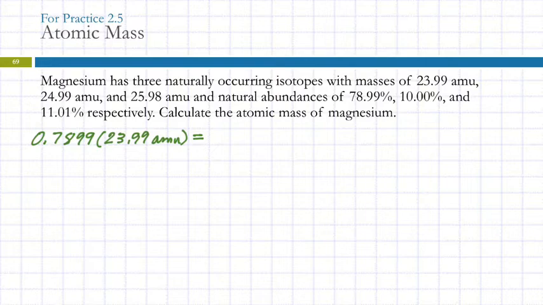how do I make 10% into a decimal? 0.1000. And multiply by the mass. This was the second percentage, so I'm going to multiply by the second mass.